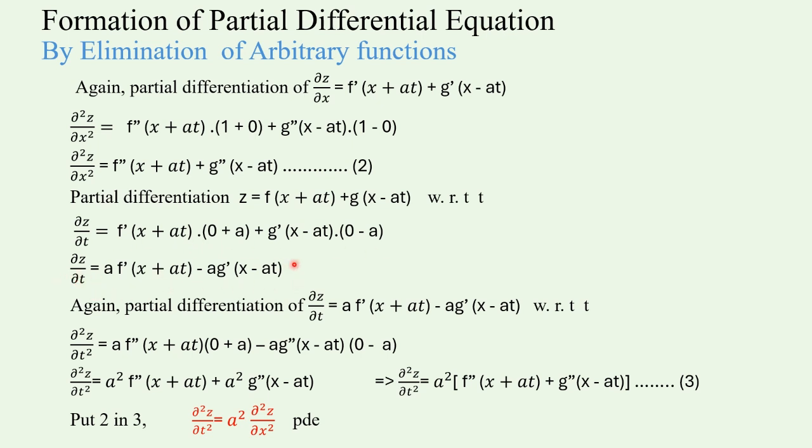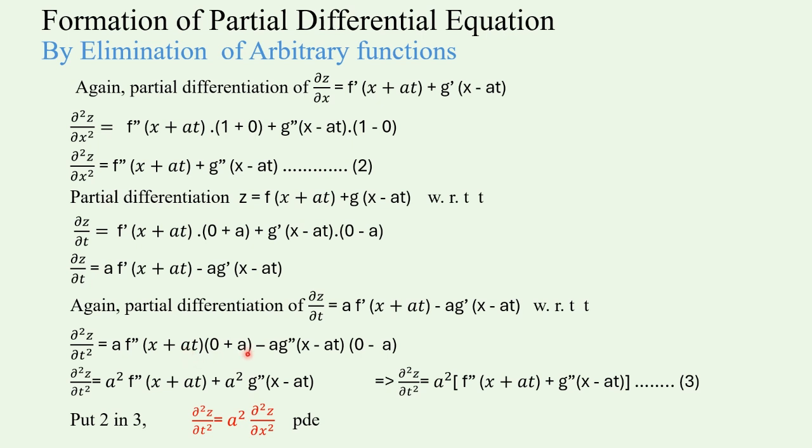Now we have to again differentiate this equation with respect to t. So we get dou square z by dou t square. Here a is there, we have written a as such. f dash will become a f double dash. We have written this term as such, and then differentiate this. This when differentiated with respect to t becomes 0.